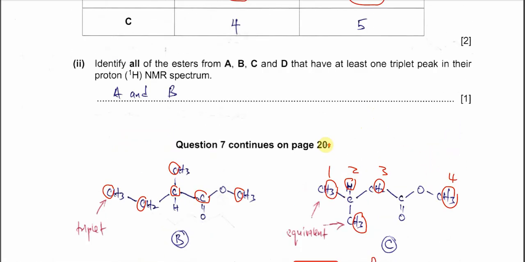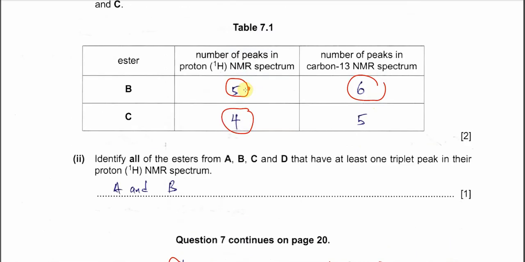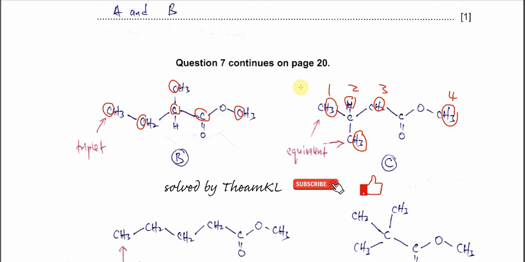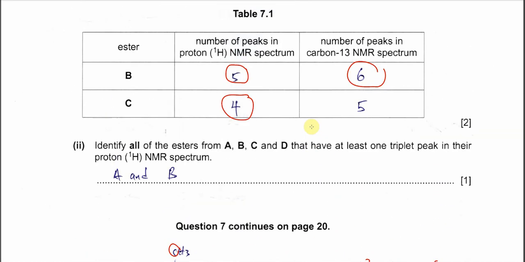Only 4. For carbon, again, these two carbons have the same chemical environment, so it gives one signal, 2, 3, 4, 5. So carbon NMR for this ester C is 5 peaks or 5 signals.